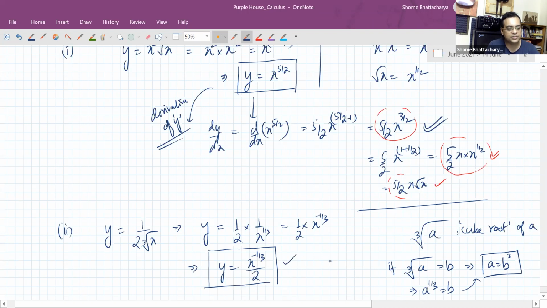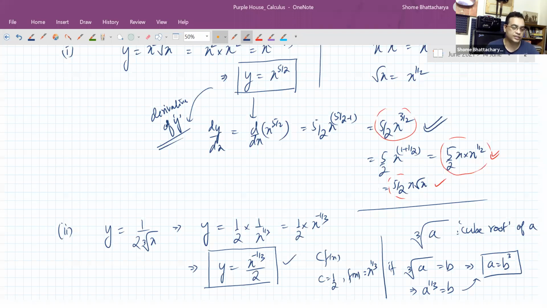Now, once we've expressed it this way, we can see that it is a function into a constant, where the constant is half and the function is x to the power n. So that's how we use the differentiation operator.